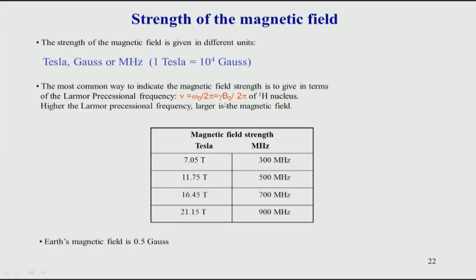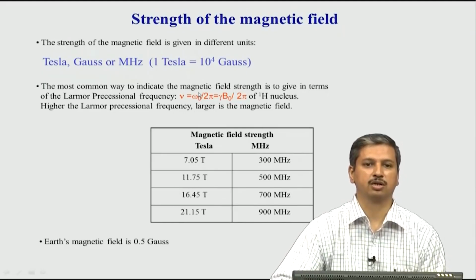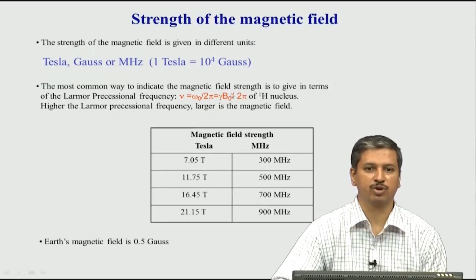This is what I showed in the previous slide: the frequency at which the nucleus precesses around the magnetic field is given by nu equal to gamma B0 by 2 pi. Here B0, as I said, is measured in units of Tesla, or it can be in units of Gauss.